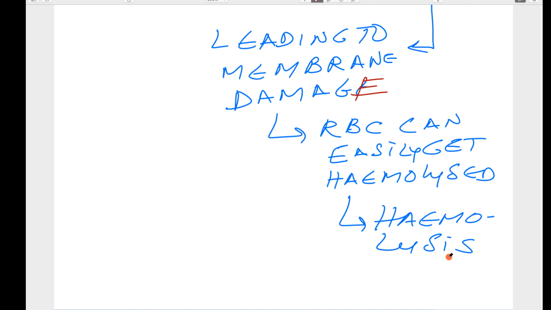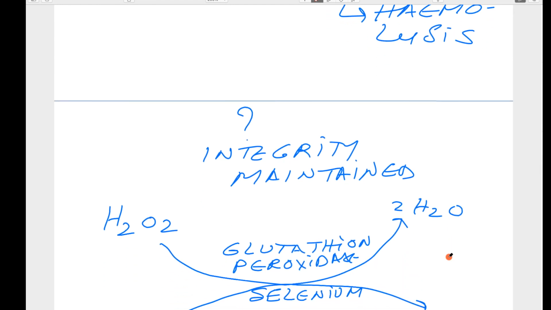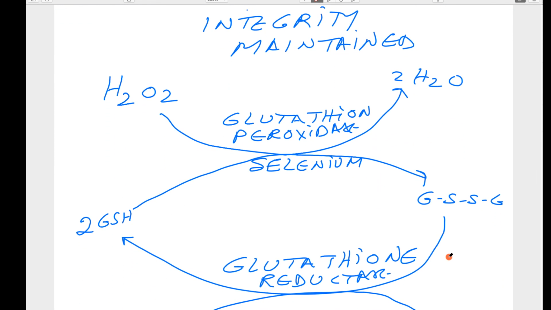How is integrity maintained against this free radical action? RBCs contain glutathione, which can be present in reduced and oxidized forms. It has to be in the reduced form to carry out its function.